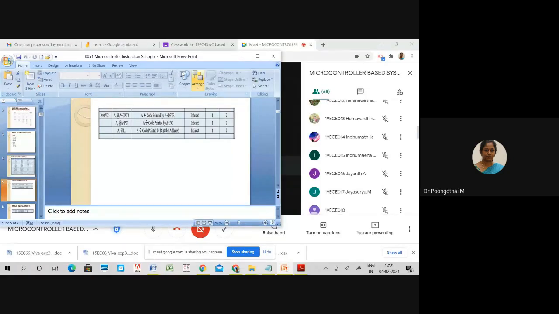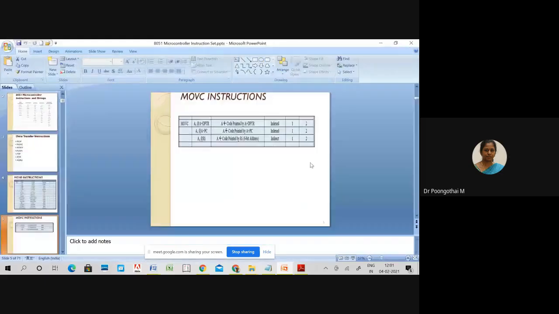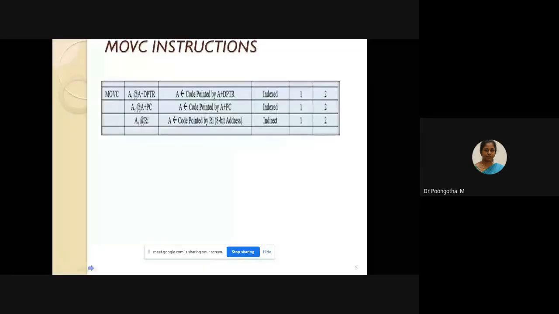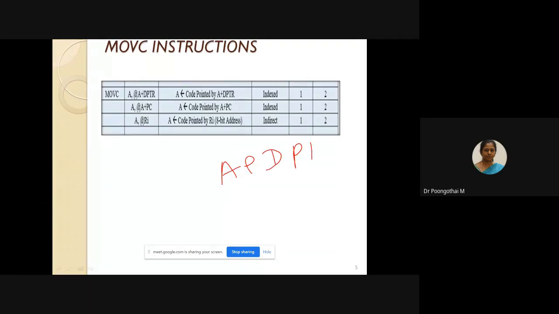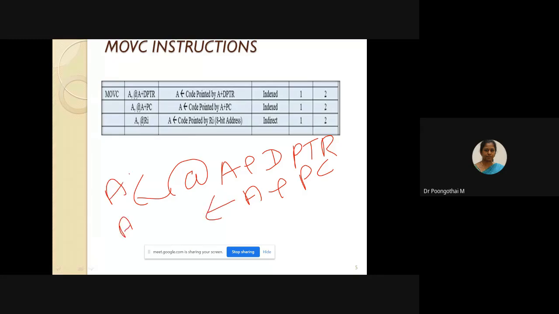That 16-bit register can be DPTR or program counter. So A plus DPTR. Similarly, A plus program counter. The content at A plus DPTR is transferred to the accumulator.